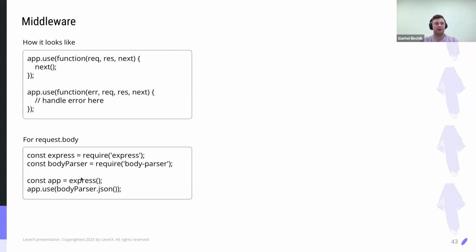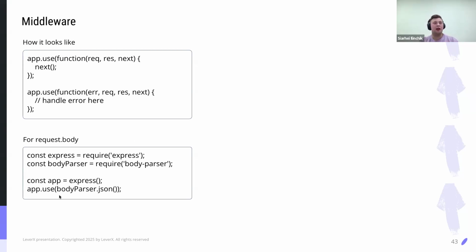And as you can see, there are many libraries which can be used in the Express middleware, and there is a huge variety of those libraries, like body parser in this example, but Passport as well can be used as the Express middleware. Passport is the library which is used to handle the authentication in your application, with SSO or anything else.